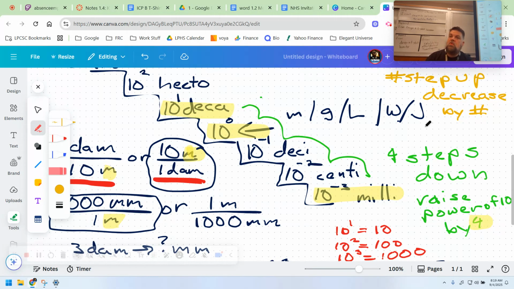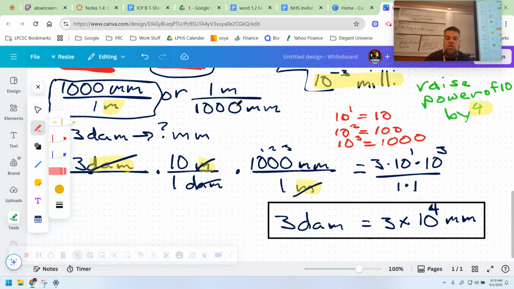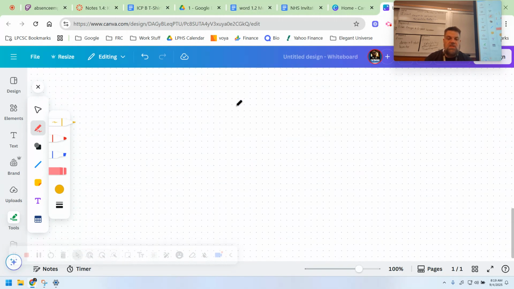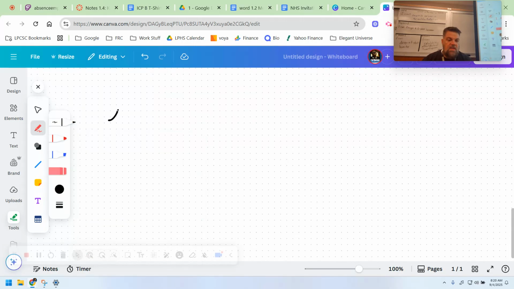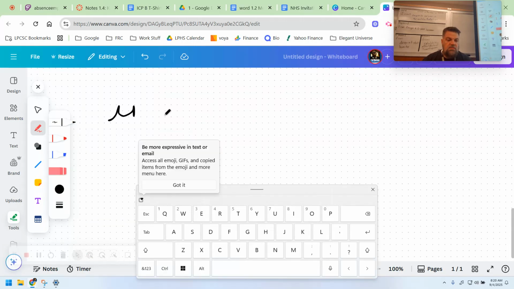So if I give you a problem and I say how many microliters, let's write a couple more common things. I'm just going to write down a couple of examples. This is micro.